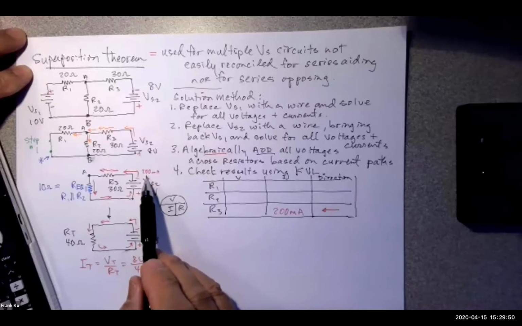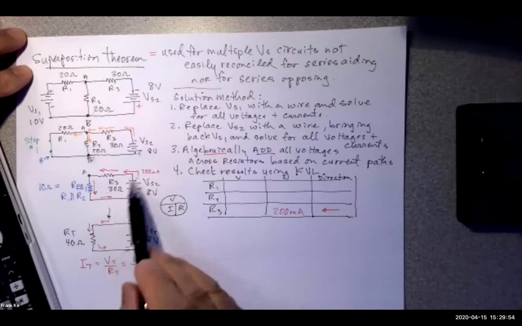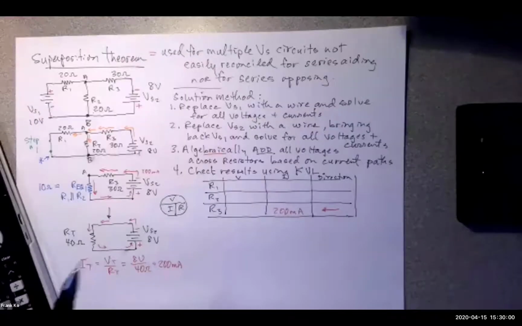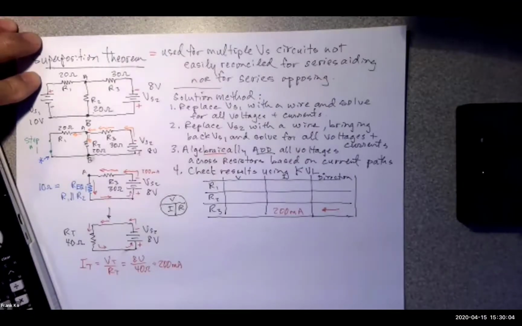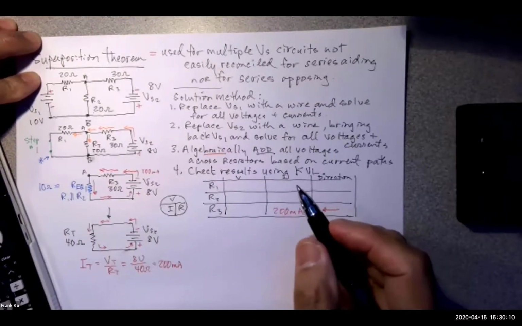Do I have an I of 200 milliamps? Do I have an R of 30 ohms? Can I multiply the two together to give me a voltage? Yes. Do that. 0.2 times 30. How many volts? 6.0. 6 volts. Okay, we're done with R3.